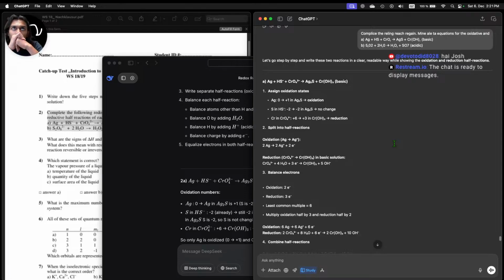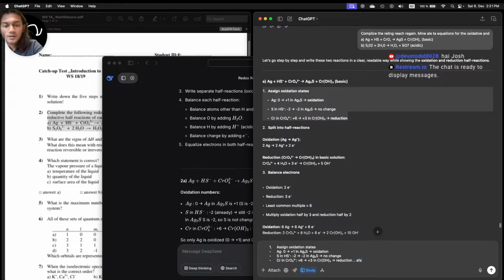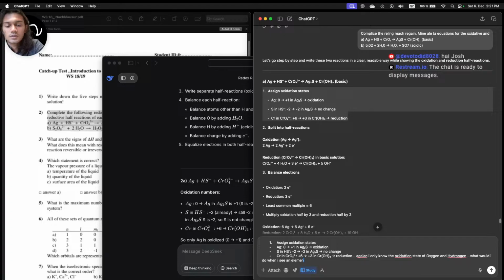This is what I hate. Again, I only know the oxidation state of... what would I do when I see an element like sulfur?